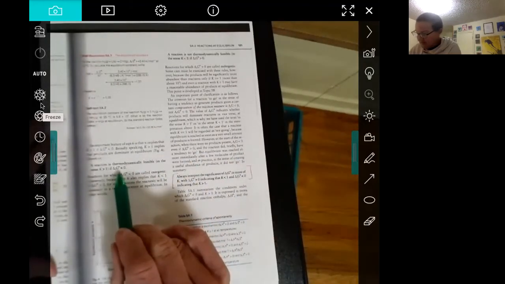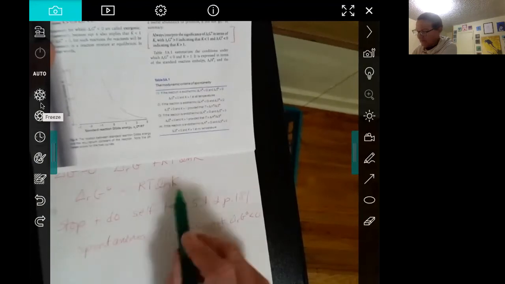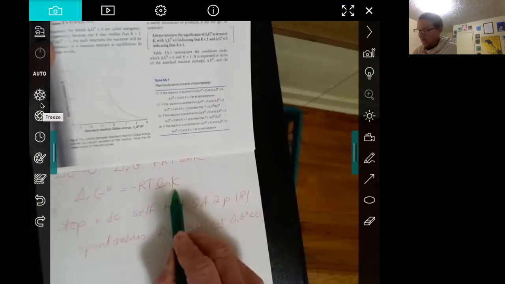So on this page, they're just talking about Ks and what they mean. If K is more than 1, that means the products will be created. You'll get some products if your delta G is less than 0. So if delta G standard state is less than 0, that means K had to be greater than 1.